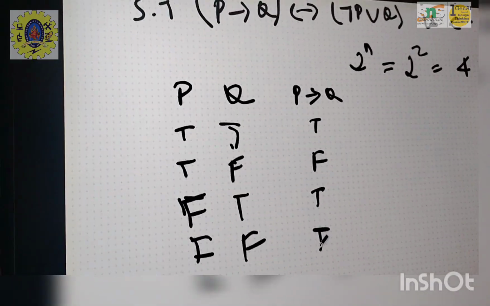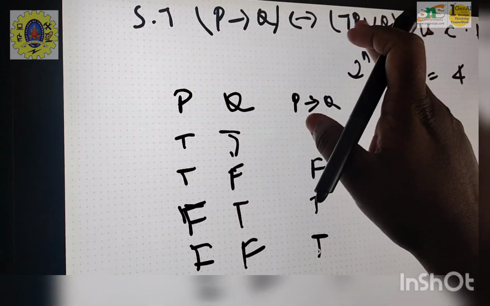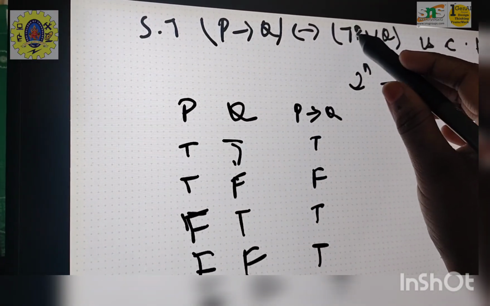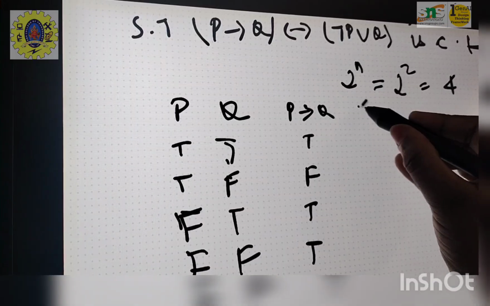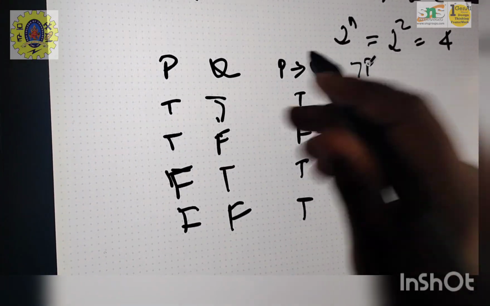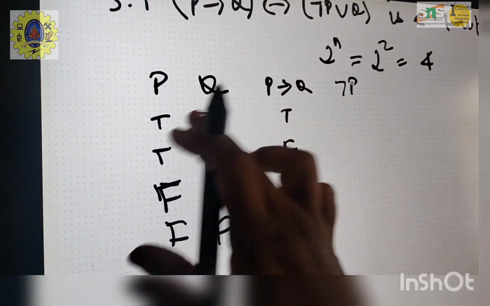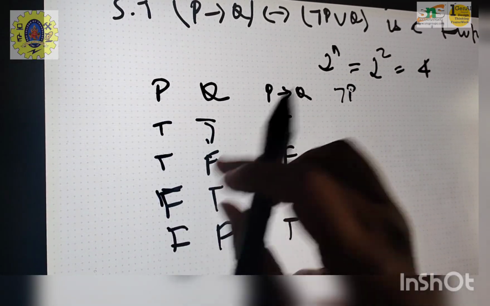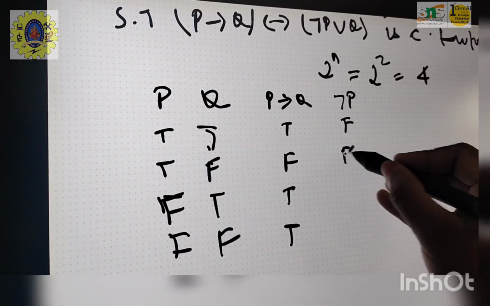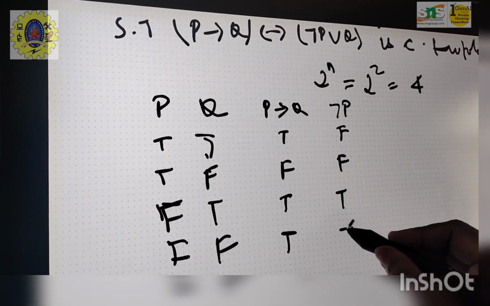Now we are going to find the value for the next bracket. First there is negation P, which is nothing but the opposite of P. So true, true, false, false becomes false, false, true, true.